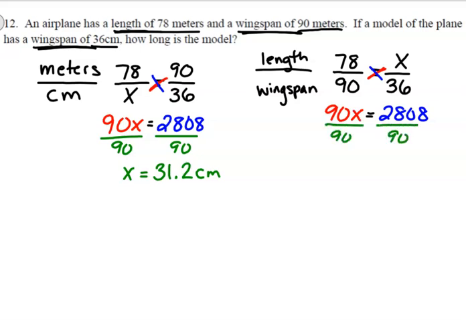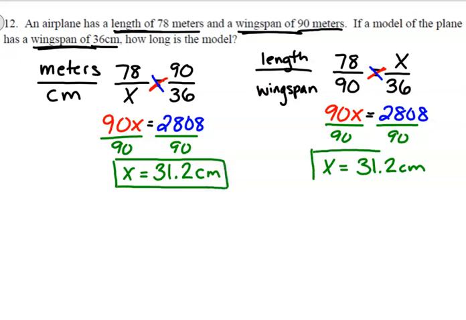And so what we want to remember is I know it's centimeters because we're talking about the length of the model plane, and the model plane was measured in centimeters. So how you choose to set up this problem is your choice.